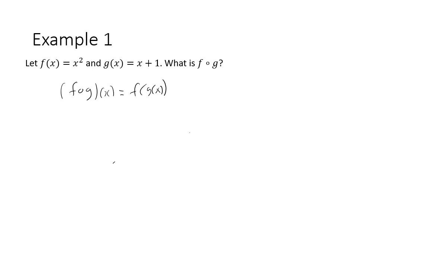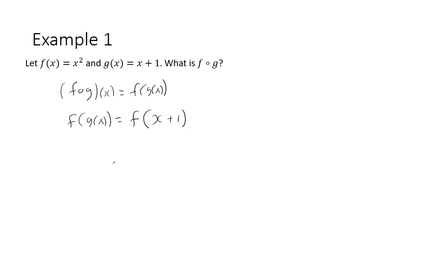Always remember this. So what we are asked to find is f of g of x. So f of g of x is equal to our f, where the input is g of x. So instead of g of x, we just substitute x plus 1.